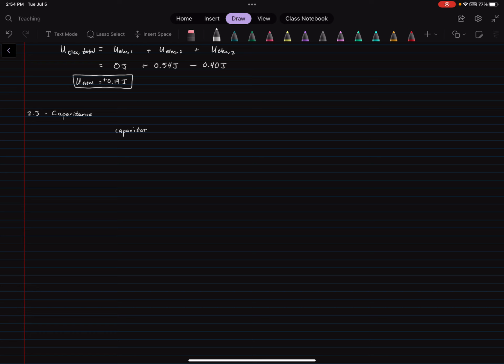If you compress a spring, you have stored elastic potential energy in that spring, because if you were to release it, that energy would do work on some body and be converted to kinetic energy in that thing, in the form of the spring relaxing back to its natural state, right? Similarly, if you charge a capacitor, you have stored electric potential energy in the capacitor, and that can later be converted into current in a circuit.